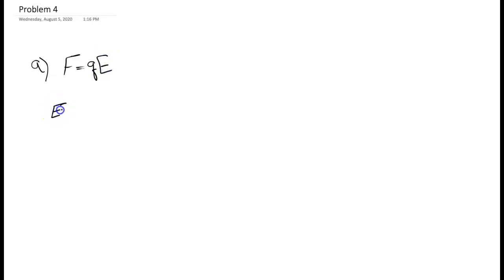So the electric field itself is going to be the force divided by the charge. And we're given that the force is 8.0 times 10 to the negative 4 newtons, pointing in the j direction.